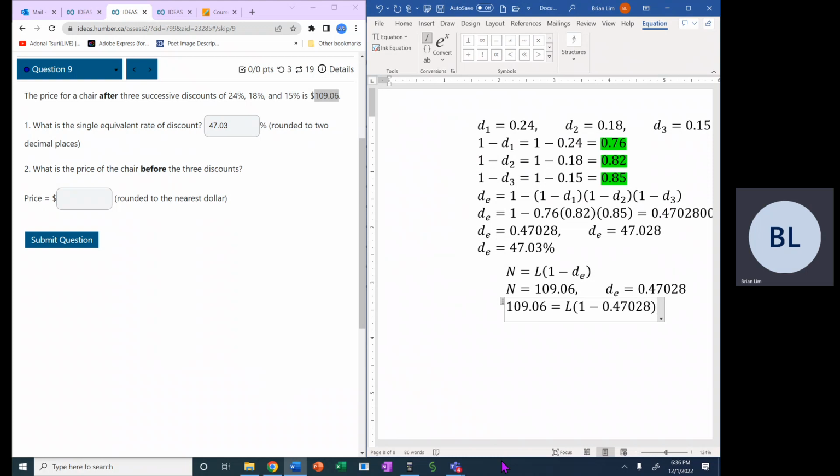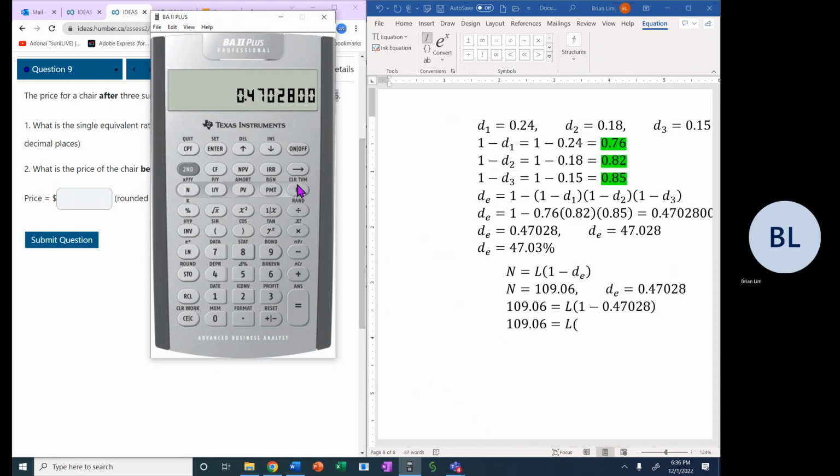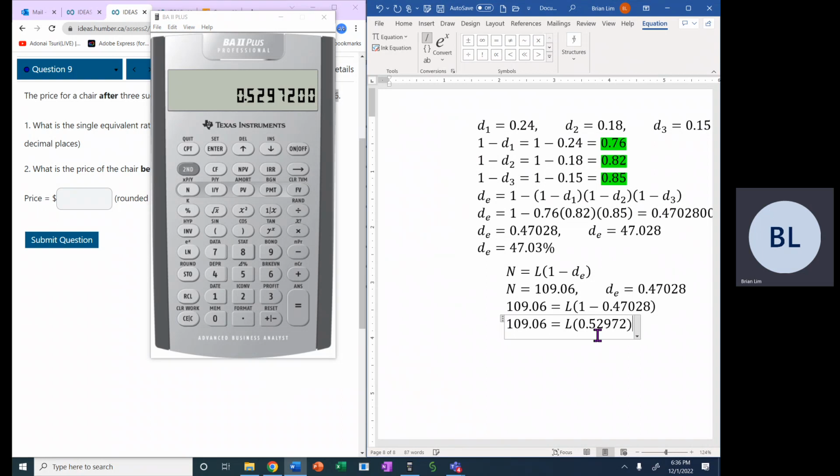Or we could say that 109.06 is equal to L times, let's get out the calculator, and we have it up there already. So the 0.47028, we just make it negative and add 1, and we get our answer of 0.52972.